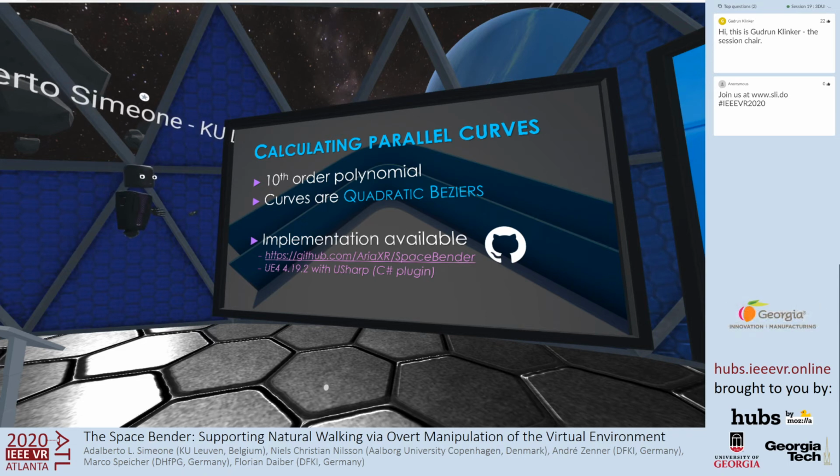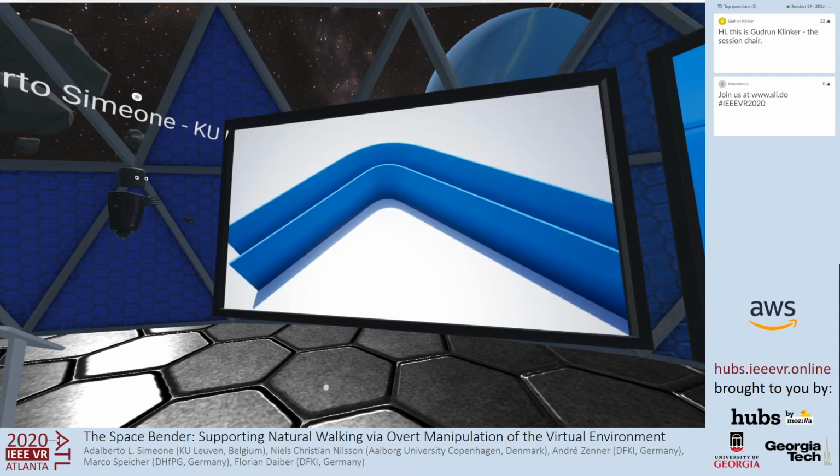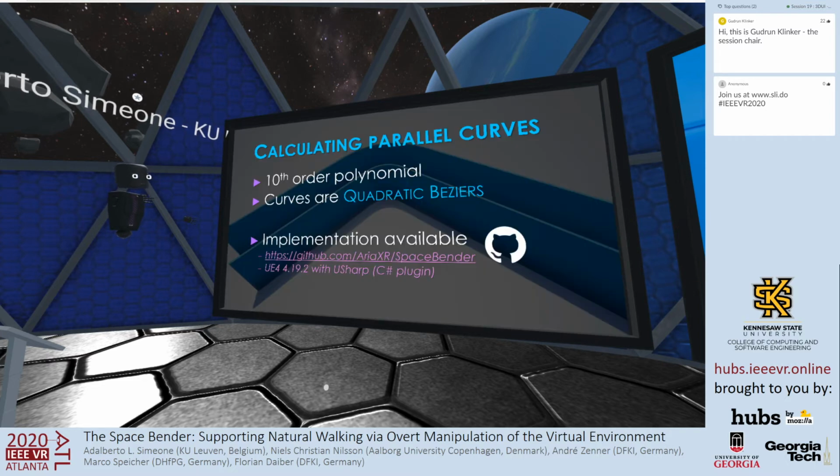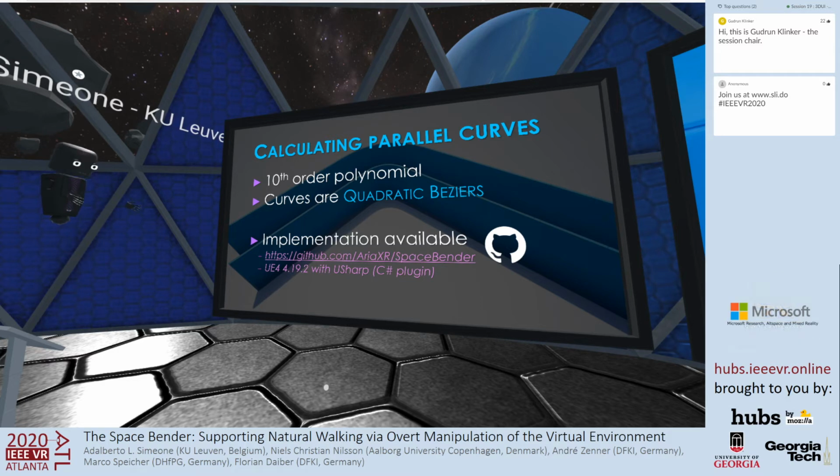The optimal approach would be to use a 10th order polynomial, which is not very difficult, but neither is it very simple, because as you can notice from the previous slide, the interior curve is smaller than the larger one. It's not simply an offset. So basically, we calculated an approximation based on quadratic Bezier.